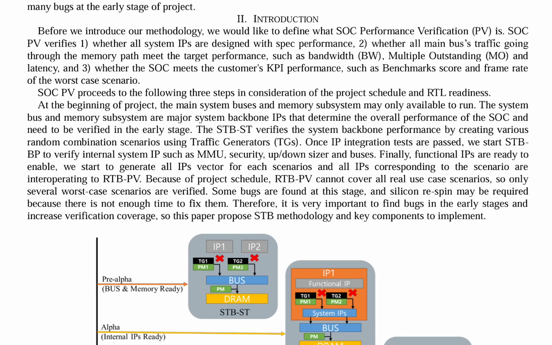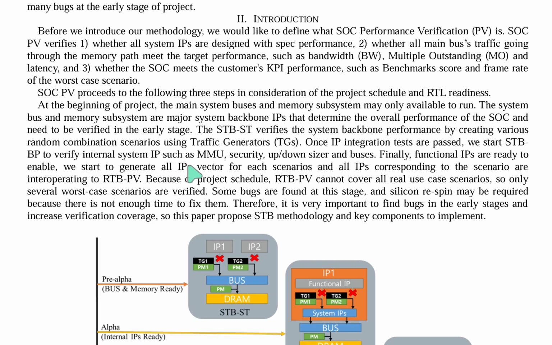The STB-ST verifies the system backbone performance by creating various random combination scenarios using the traffic generators, TGs. Once IP integration tests are passed, we start STB-BP to verify the internal system IPs such as MMU, security, up-down sizer, and buses.